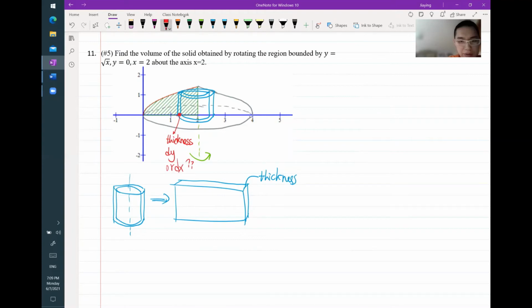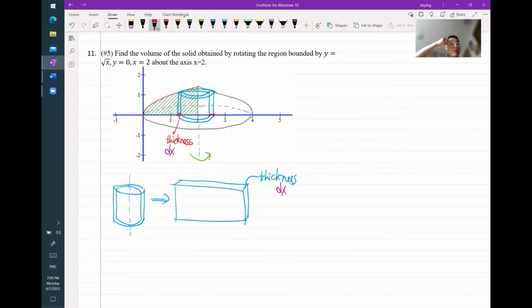If you imagine a cylinder going on here, the thickness, the wall of that cylinder, is in the x direction. So if we call this x1 and this x2, the thickness is the distance between the two x values. That's how thick the wall is. It's just dx. The difference between the two x values gives you the thickness. That's dx in this case.